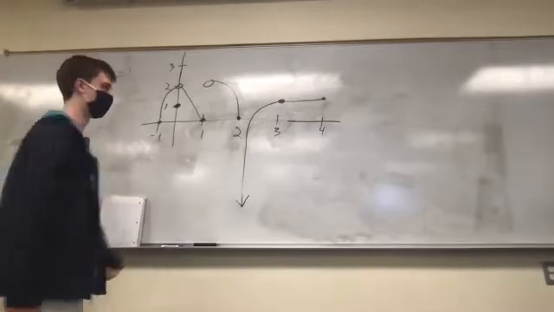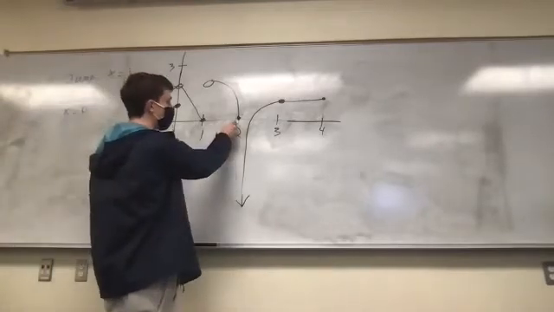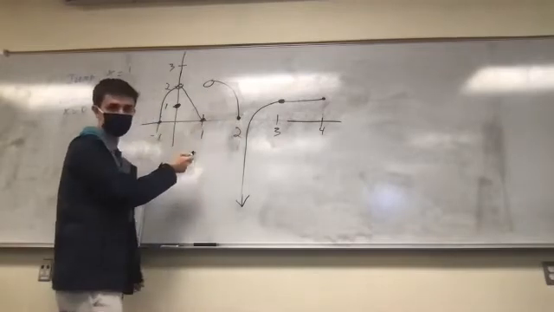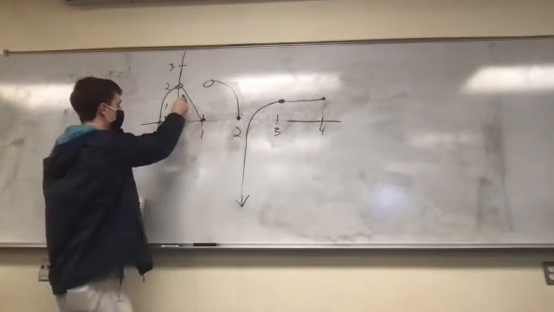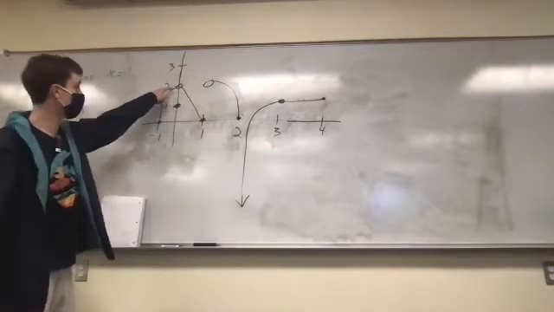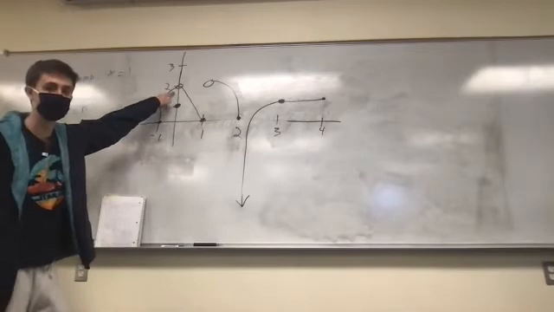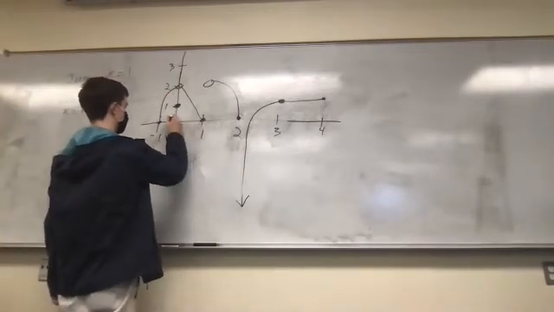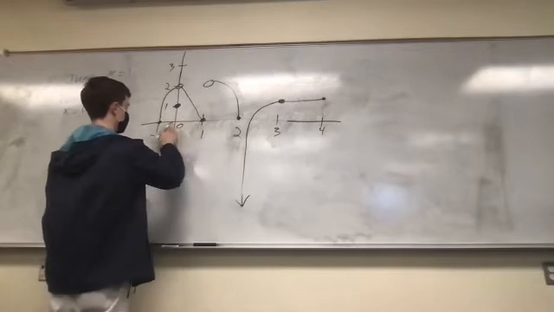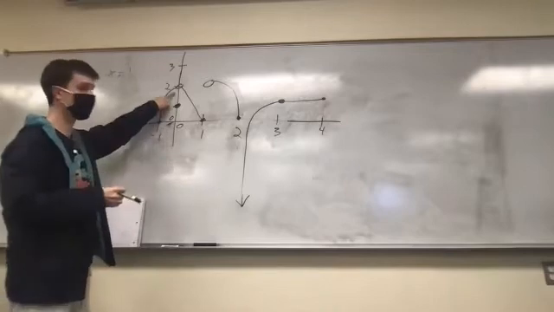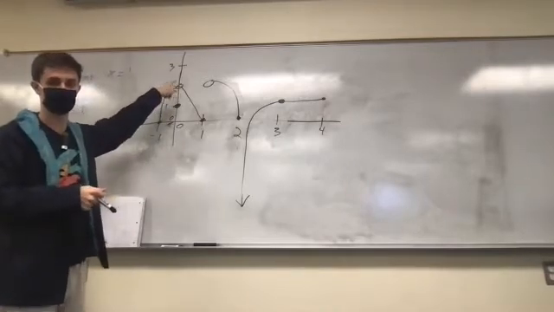Yeah. Awesome. And then right here, if I start at 2 and go here, I'd have to do that jump, right? Okay, so that makes sense. And then right here, if I go here, even though I'm going to this point 2 at x equals 0, even though it should be going to 2, it's not because it's an open circle, right?